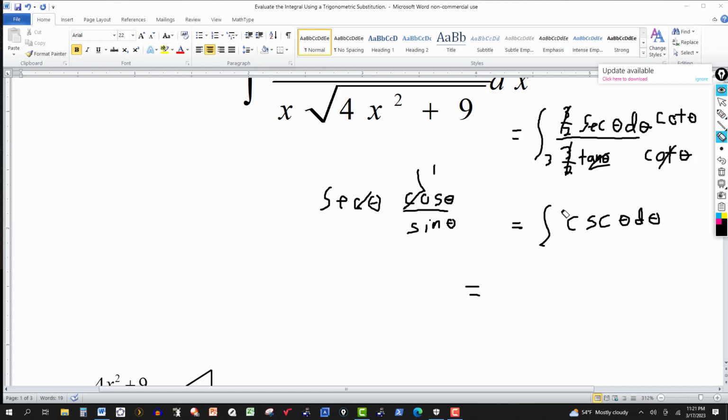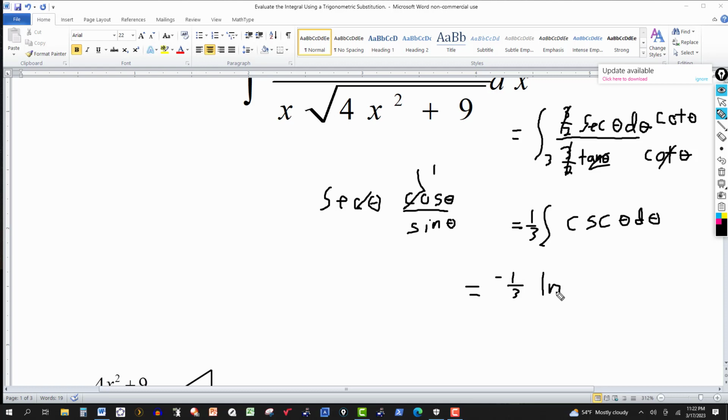Oh, I forgot the 1/3 here. So this has the 1/3 here. I'll put it outside here. So this will be 1/3. And the antiderivative or the integral of cosecant theta d theta is a negative, and I'll put the negative with the 1/3, out here.